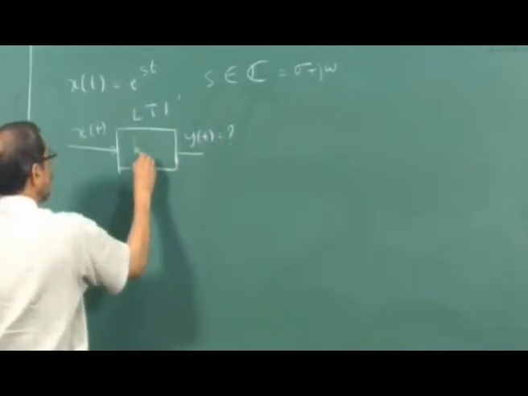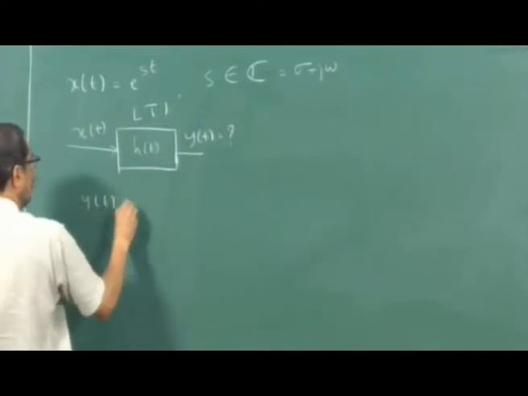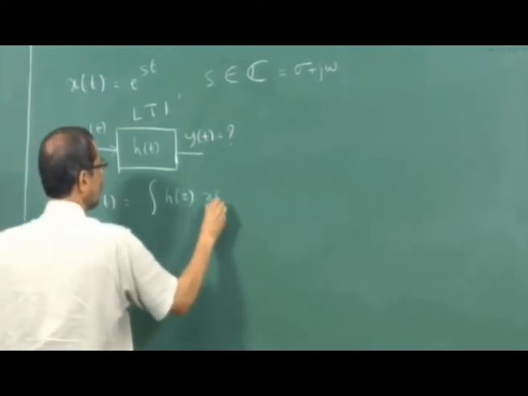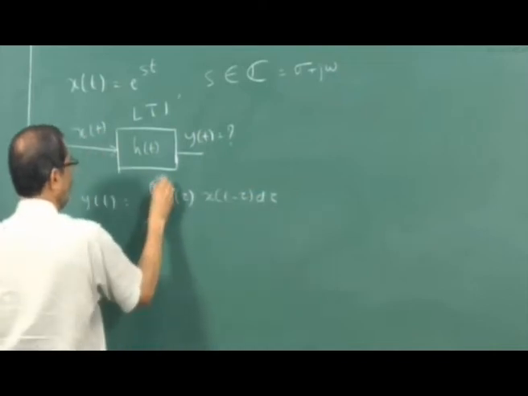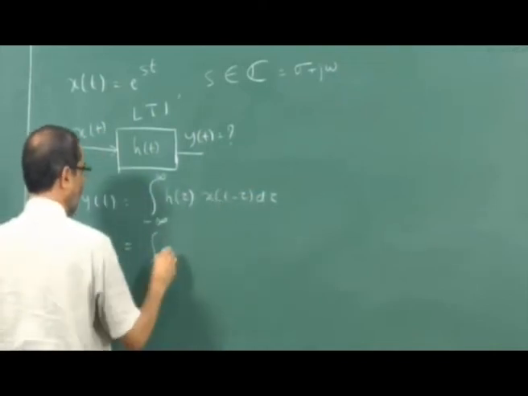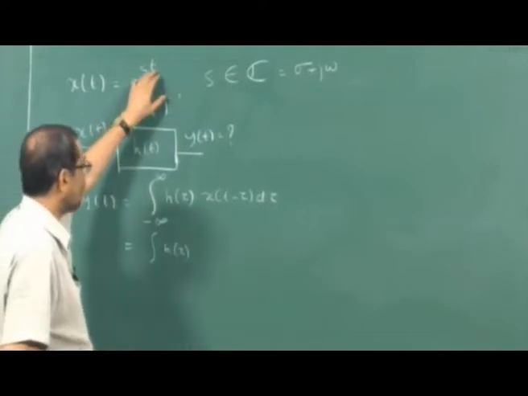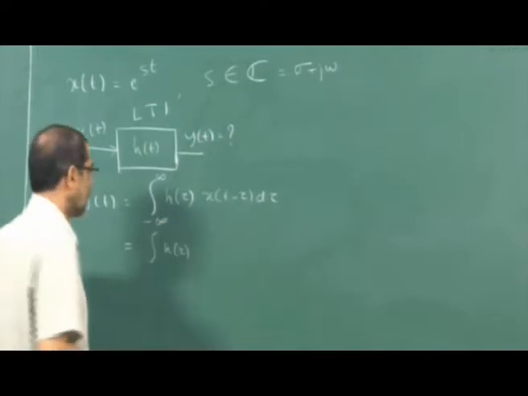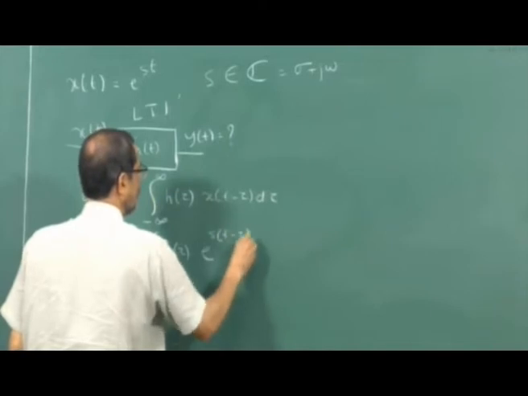Let's say the impulse response is h of t, then y of t you can write as the convolution of h with x. I have the exact form of x here, e to the power of s into t. In place of t, you can replace this with t minus tau, so it's e raised to s into t minus tau.